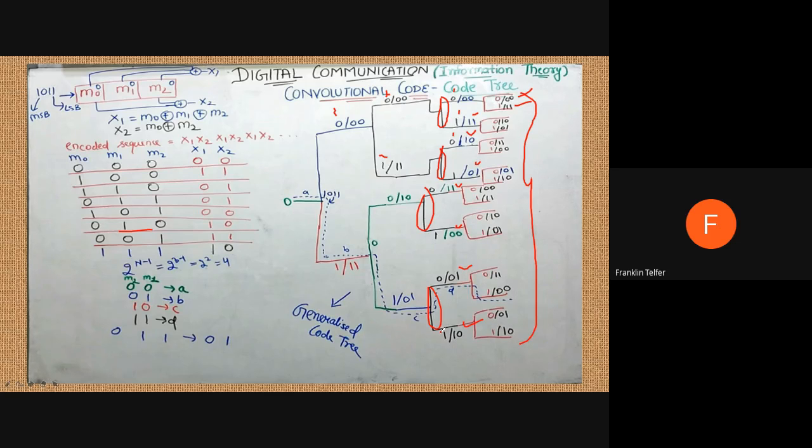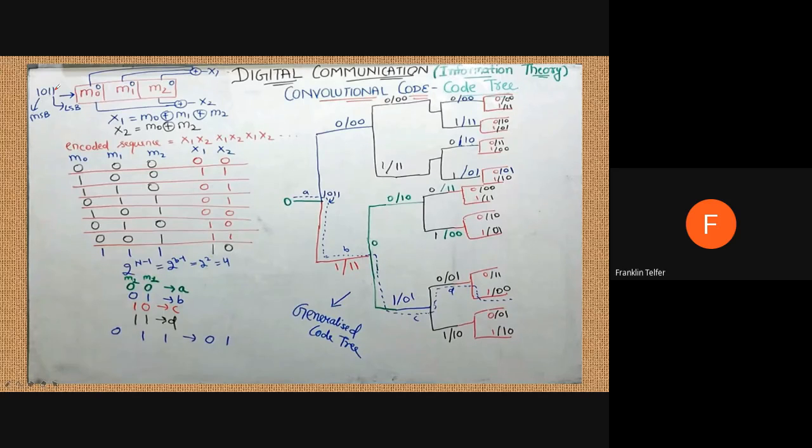So from this, how are we going to take the generalized code tree? How we are going to find it is from the encoded sequence; we are going to put a branch. Let us take the message bit.